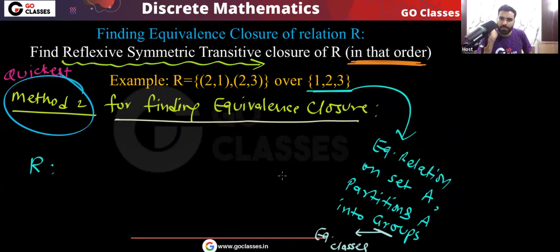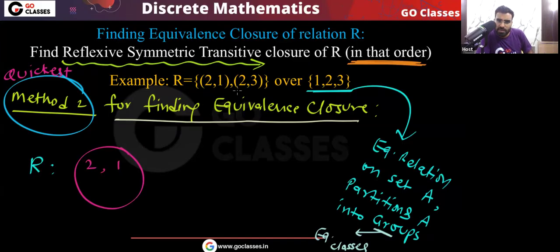We already know that an equivalence relation on a base set A will partition the base set into groups, or I can say these groups are called equivalence classes. So you can see here this relation R you have. So let's see the groups. In the relation R, you can already see that 2 is related to 1. It means that 2 comma 1 will be in the same group. No doubt.